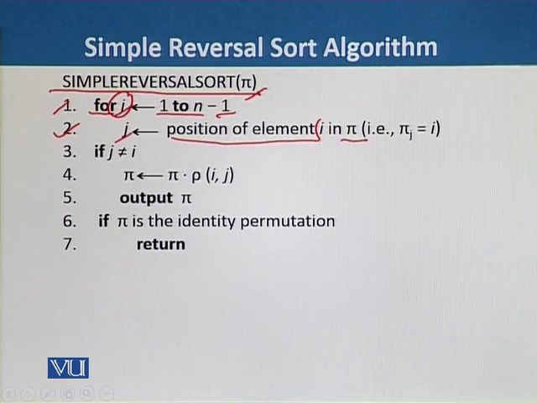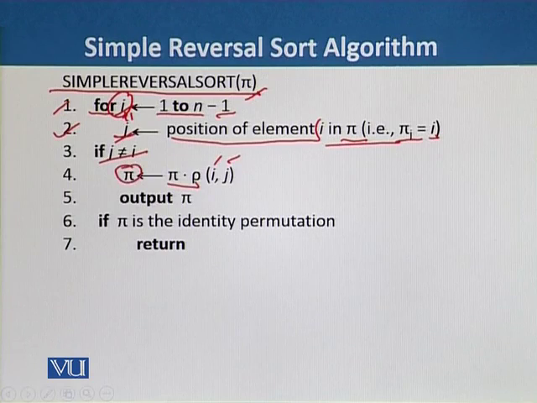pi. So it means that the element could be any number in pi. And we can assume that pi j is equal to i. It means that j will be equal to i in the second step. But if j is not equal to i, then we will assign to pi the reversal rho of the values i and j.